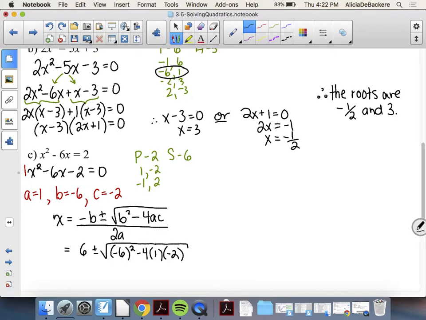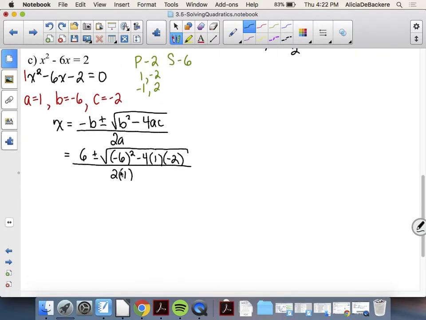And then we've subbed in all the values underneath the square root, and 2 times 1 on the bottom. So I can simplify this, and underneath the square root, I'll get 44.